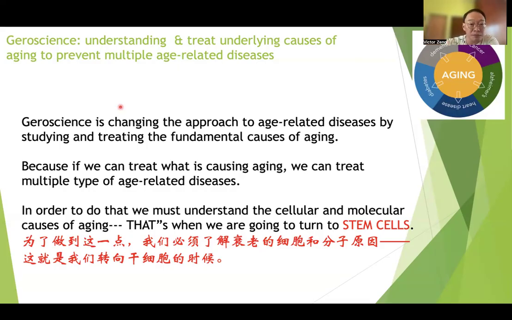In order to do that, we must understand what is causing aging. Then we can treat multiple types of age-related disease, isn't it? So we must understand the root cause of disease, so that we can prevent or delay aging. We must understand the cellular and molecular causes of aging.